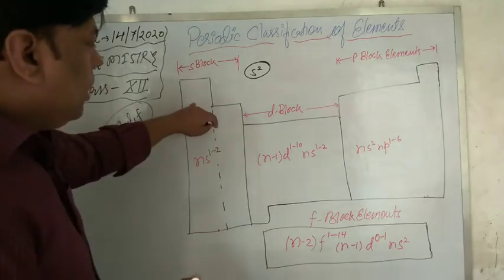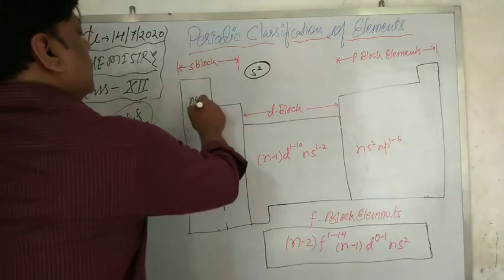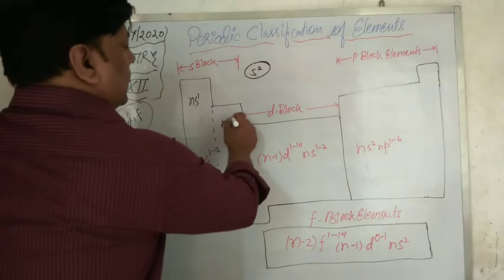For alkali metals it is ns1 and for alkaline earth metals it is ns2.